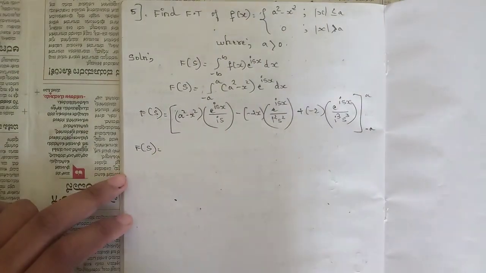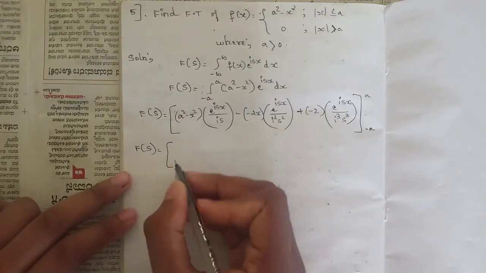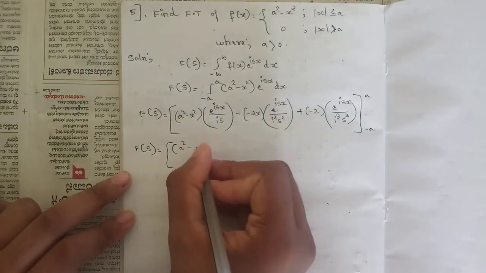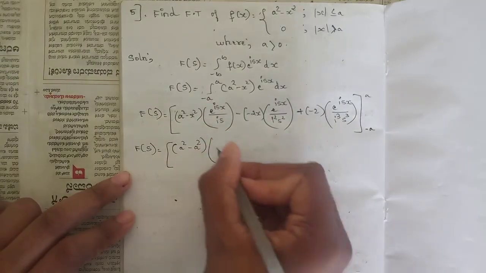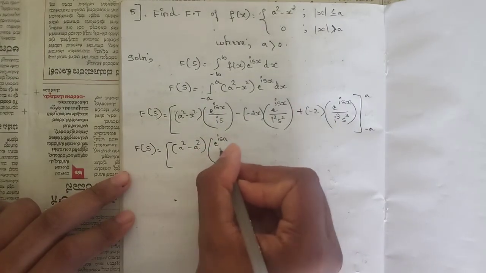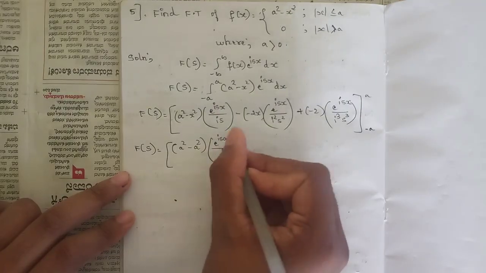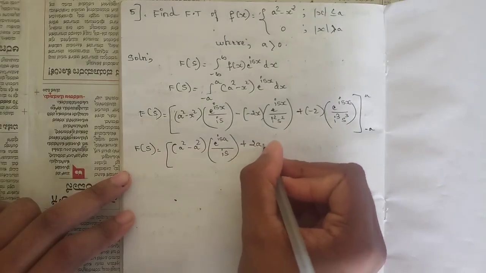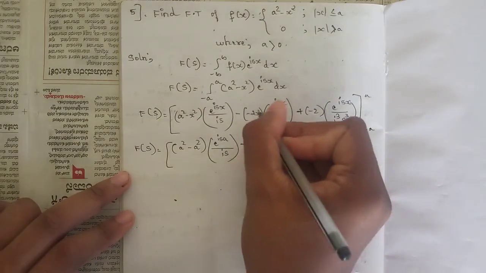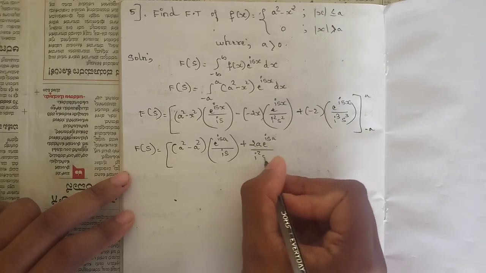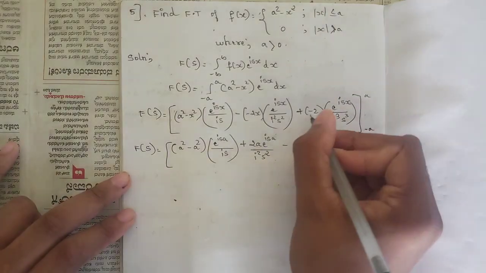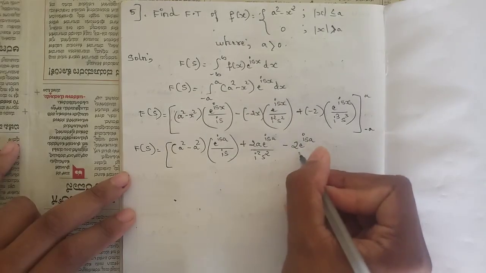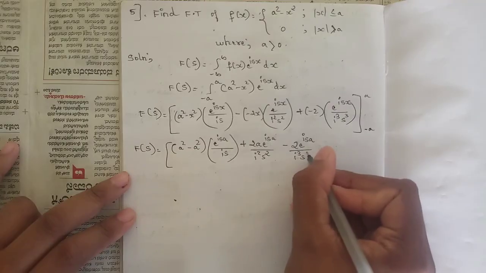So now let's substitute the limits. This becomes a² − x², the limit is a, so a² into e^(isa) divided by is. In place of x I am writing a, plus minus into minus is plus 2a into e^(isa) divided by i²s², minus, this is minus, right, 2 into e^(isa) divided by i³s³.